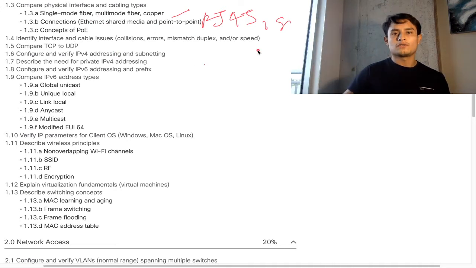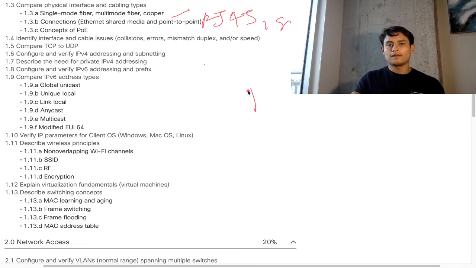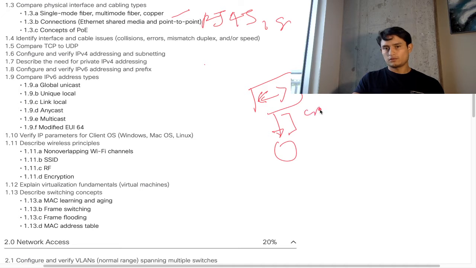So you need to know, for example, if you had a switch and you have here an end device, this type of cable, what would it be? Would it be a crossover or a straight through? If you have here a router, this type of connection, this cable, what would it be? A crossover or straight through? You need to know these things, okay?